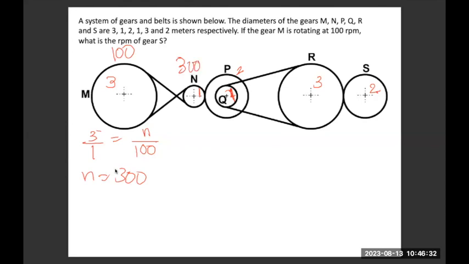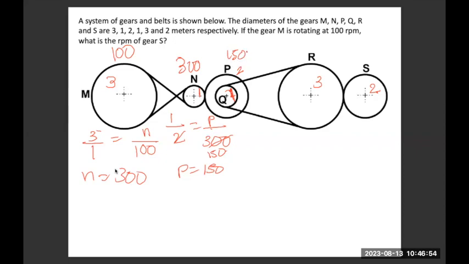Between N and P, N is 1 upon P is 2, which will be equal to P upon 300. 150. So P will be equal to 150. If P is 150, Q's speed will also be 150.